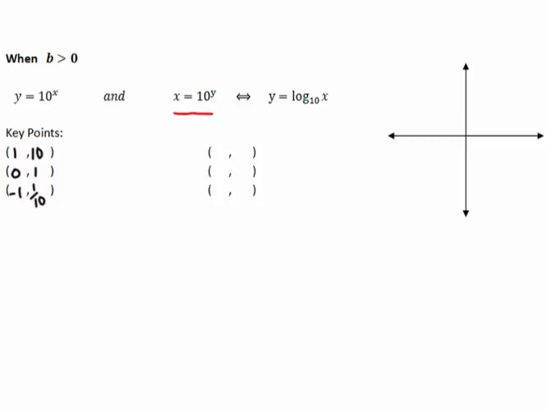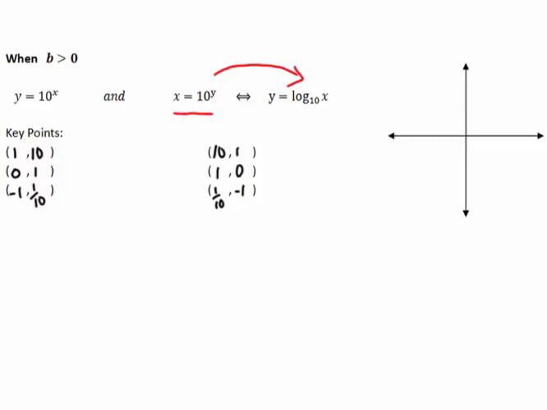X equals 10 to the y, or take it in this form and write it as a logarithm. Y equals log base 10 of x. Doesn't matter which way we write it, we mostly are going to write it as a logarithm, but it just switches the points around. 10, 1, 1, 0, 1/10, and negative 1.